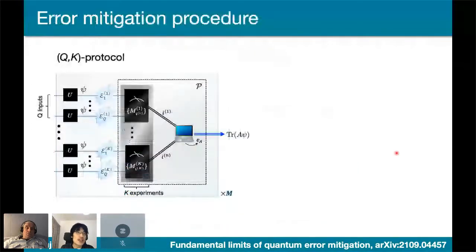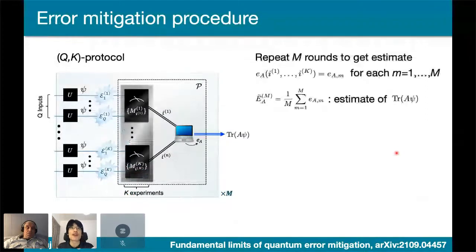So this is to recap how this error mitigation procedure works in general, right? So like this is a QK error mitigation protocol, and what we do is that we get these measurement outcomes and apply some classical function and do this large M times, right?